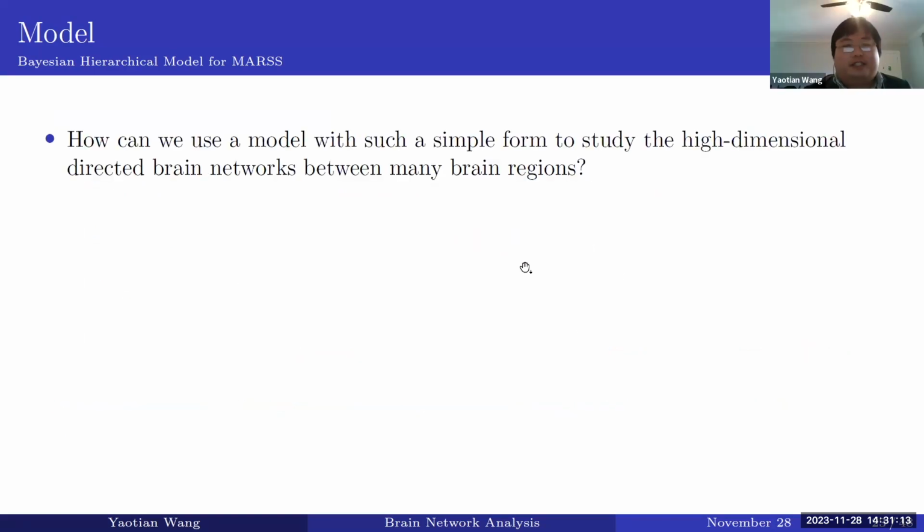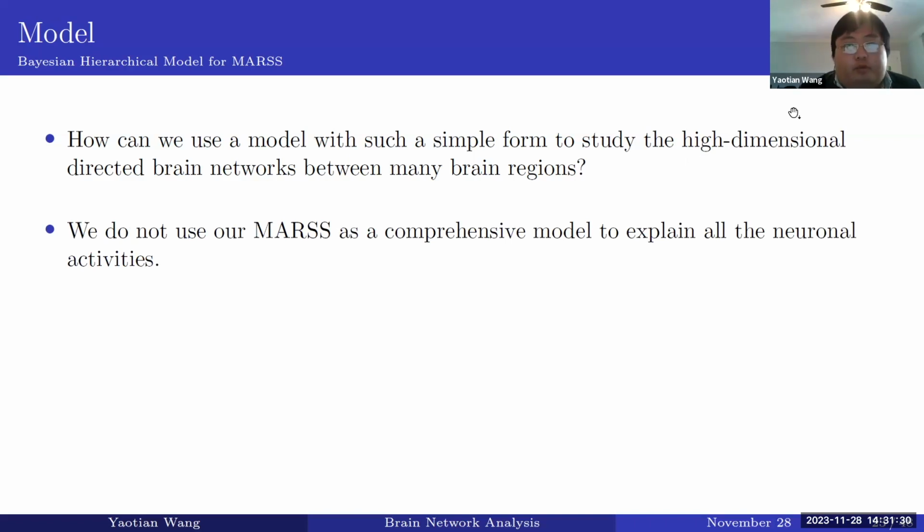One question or criticism we have commonly received is how can we use a model with such a simple form, a first-order model, to study the brain, such a highly complicated network system? Here I want to emphasize that we do not use our model as a comprehensive model to explain all the neuronal activities.